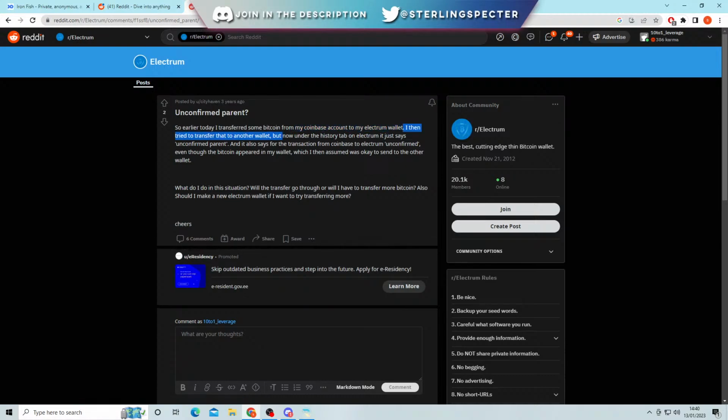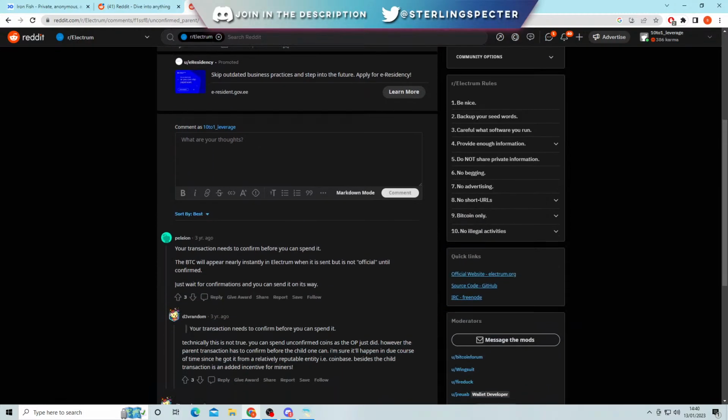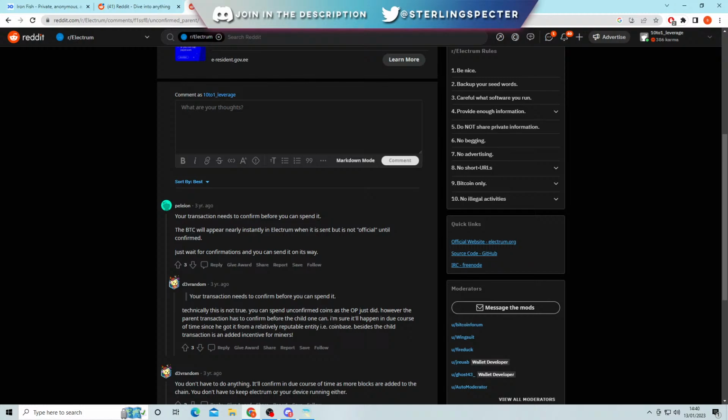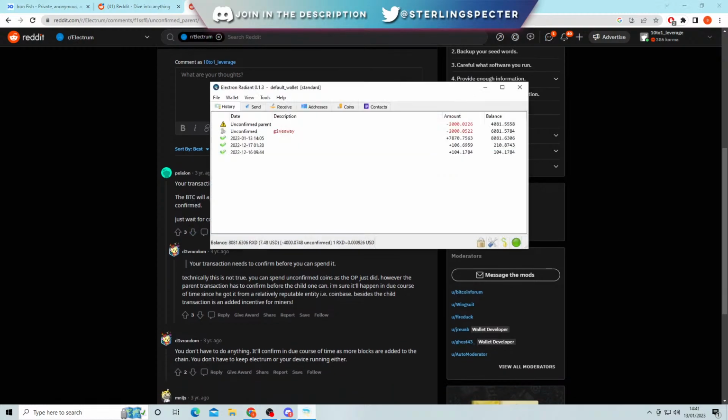Then I tried to transfer it to another wallet, but now the history tab on Electrum just says unconfirmed parent, and it also says the transaction from Coinbase is unconfirmed. What should I do in this situation?" "Your transaction needs to confirm before you can spend it. Just wait for the confirmations and you can send it on its way." So what do I actually do with that then?